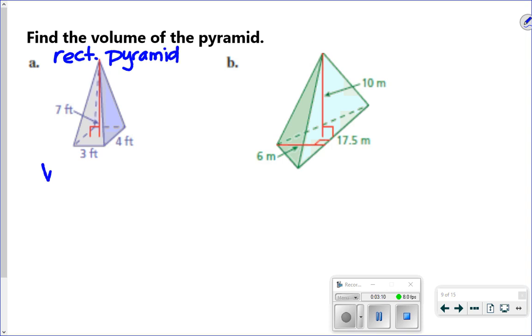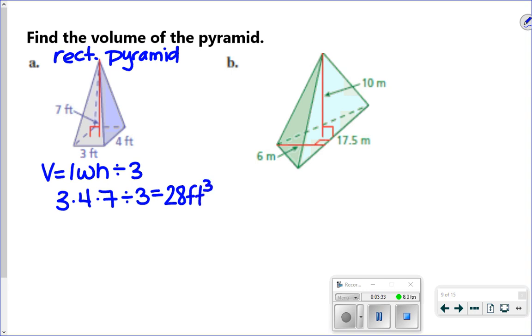We use our prism formula, length times width times height, but then we divide by 3. So for this one, we've got 3 times 4 times 7 divided by 3. If you want to think about the times 3 divided by 3 canceling out, you certainly could think that our volume here is going to be 28 feet cubed.